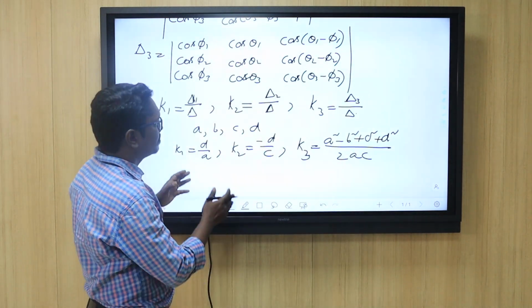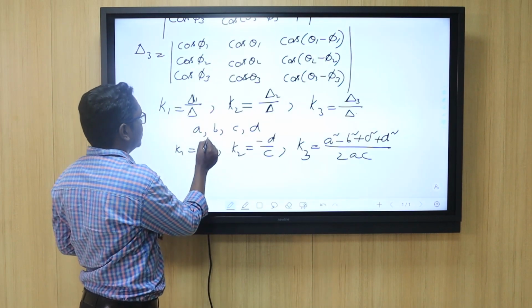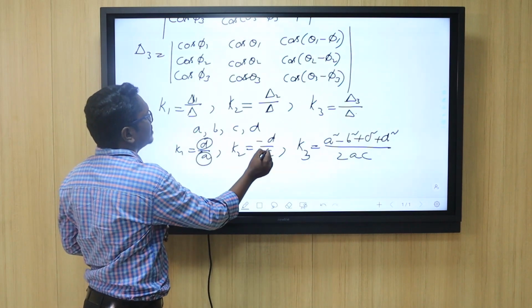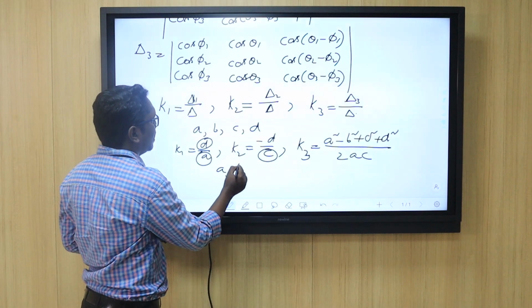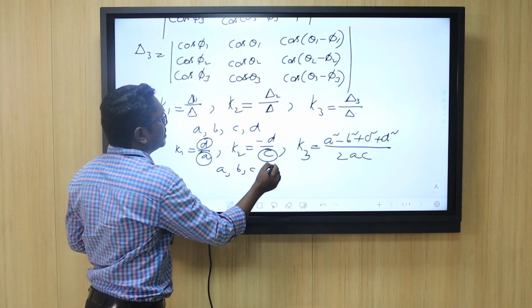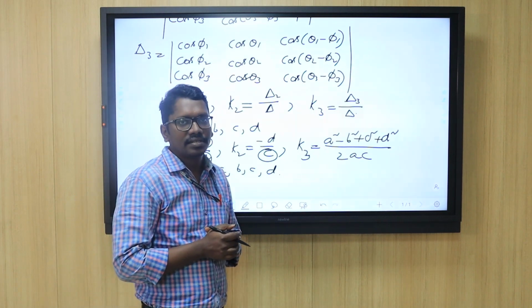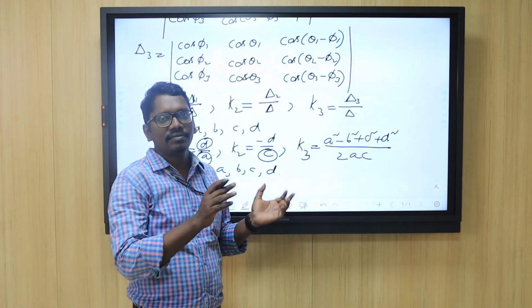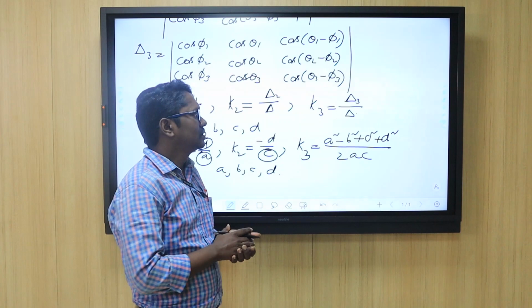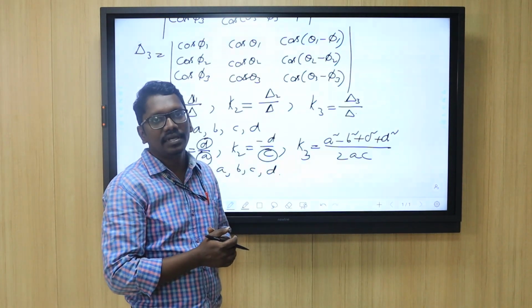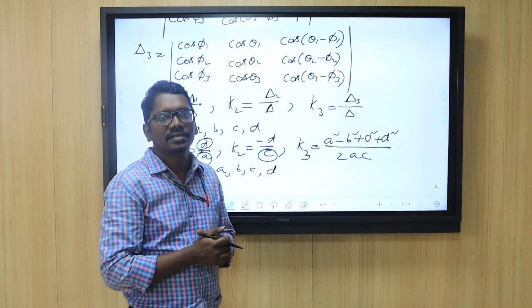So you have to obtain all these magnitudes A, D and C. So after getting A, B, C and D, we will finish our synthesis of the 4-bar mechanism for the function generation problem. So this equation derived is called Freudenstein's equation.